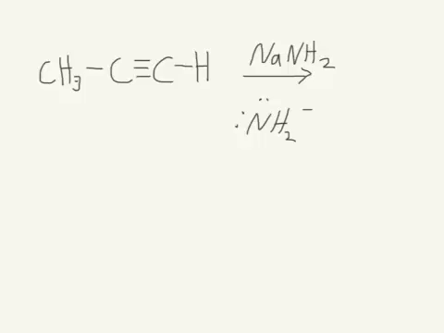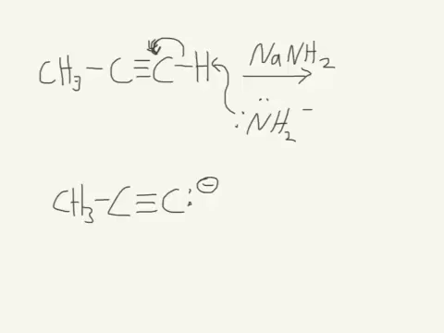And one of those lone pairs is going to be really attracted to the partially positively charged hydrogen here. And the electrons in the hydrogen-carbon bond go to the carbon. They're going to end up sitting on that carbon. And the result of that is going to be the acetylide ion.